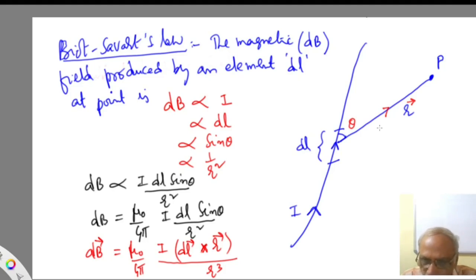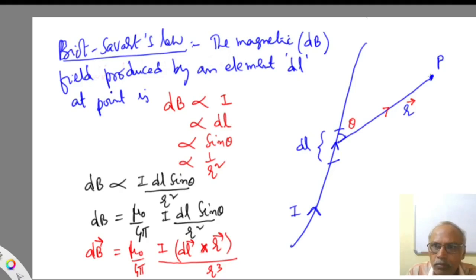Then if you fold, it is anti-clockwise, and the magnetic lines are anti-clockwise. But how do you get the direction of magnetic field at a given point? You have to draw a tangent there. If you draw a tangent to that circle at P, how will that tangent come?